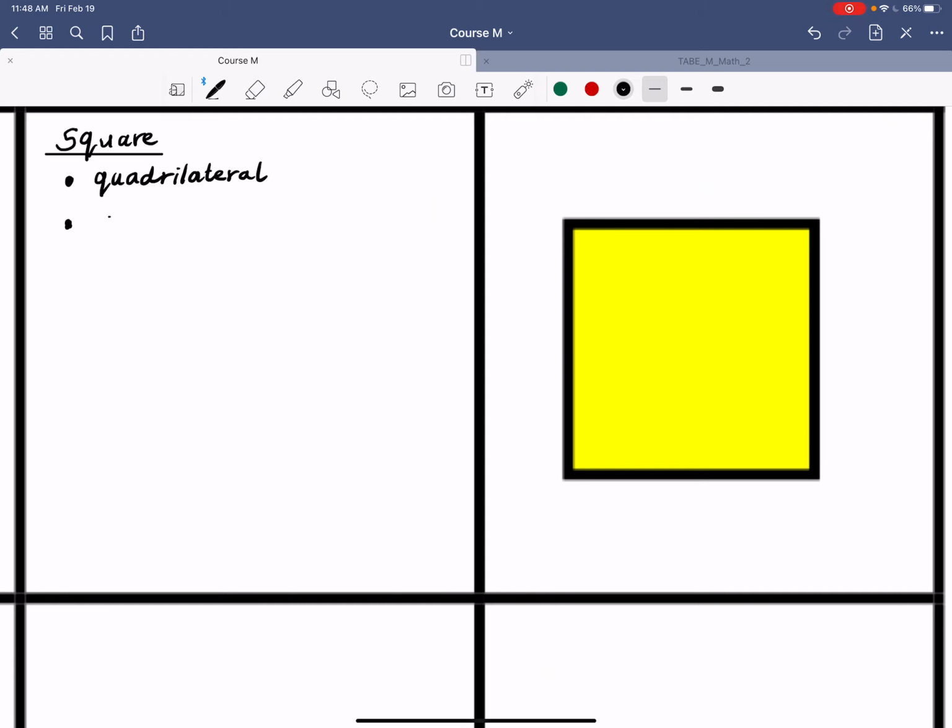A square has four right angles, and so it totals 4 times 90 is 360, just like a circle. A square has two sets of parallel lines. Let's say, first of all, sides are equal.